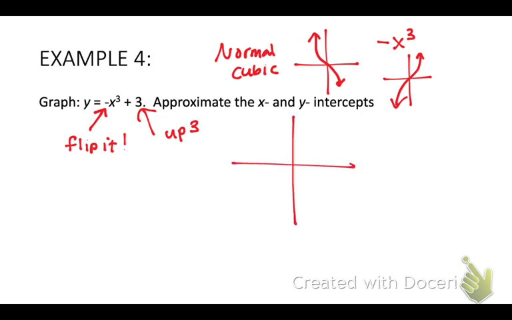So here we go. If I plug in 0, my output's going to be 3, so I've got a point at 0, 3.